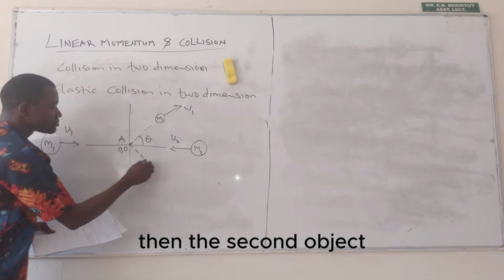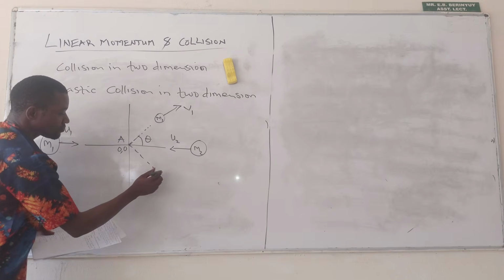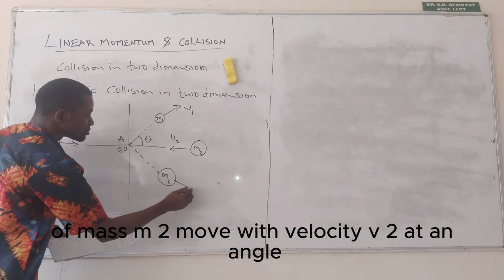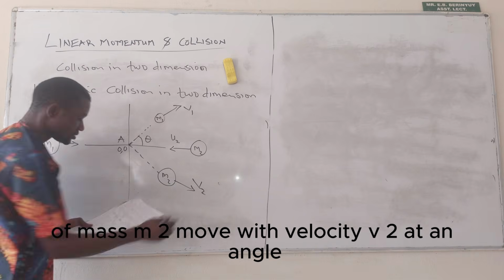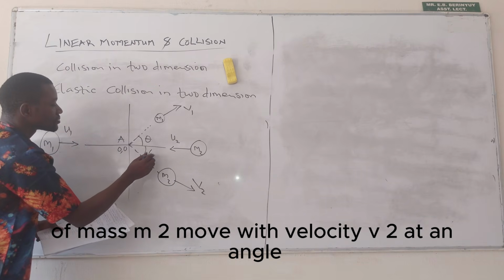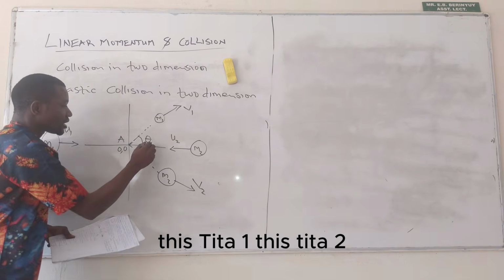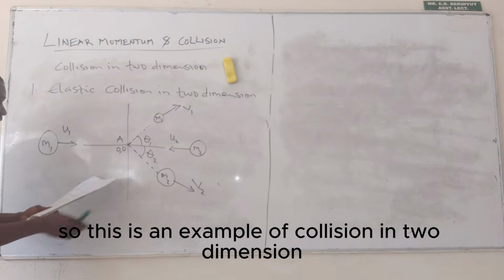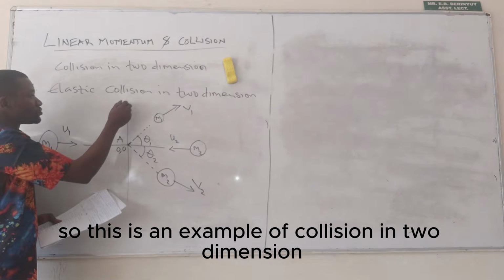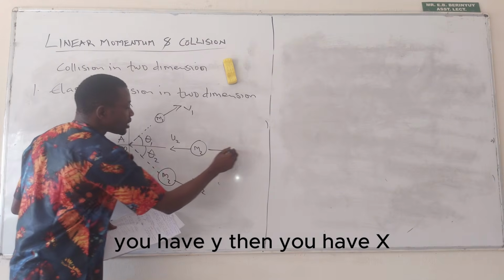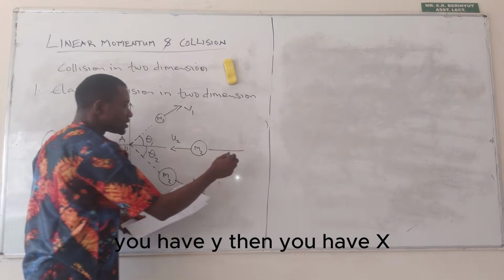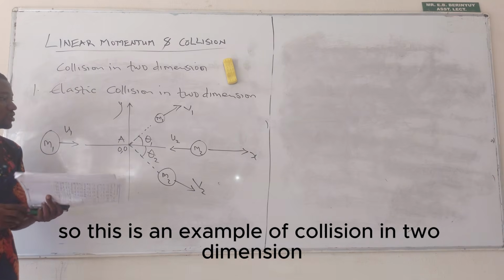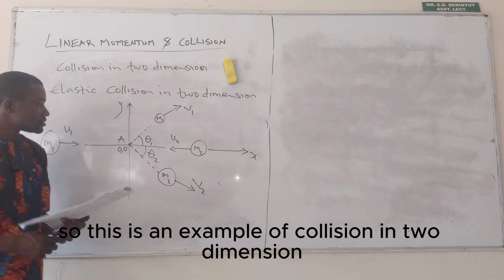Then the second object of mass m2 moves with velocity v2 at an angle theta 2. You have y, then you have x. So this is an example of collision in two dimensions.